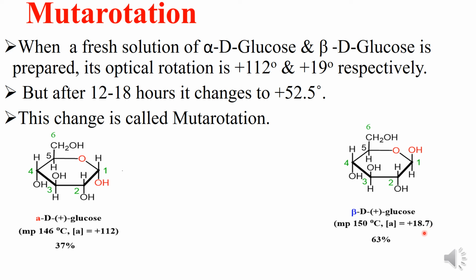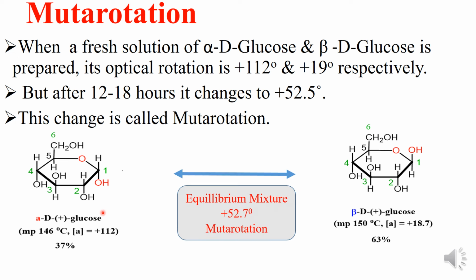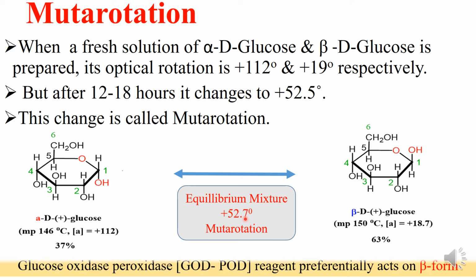So 63% of the glucose in the solution exists as beta D glucose, and the remaining 37% exists as alpha D glucose. At equilibrium, they achieve a 52.7 degree rotation, and this is the stage at which the equilibrium mixture is at 52.7 degrees.